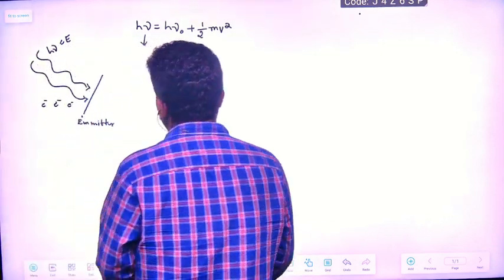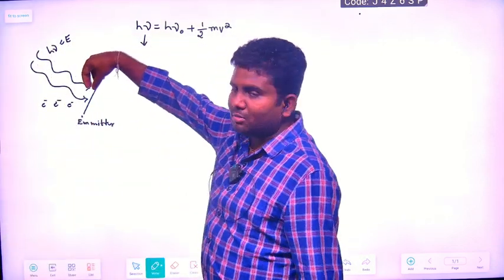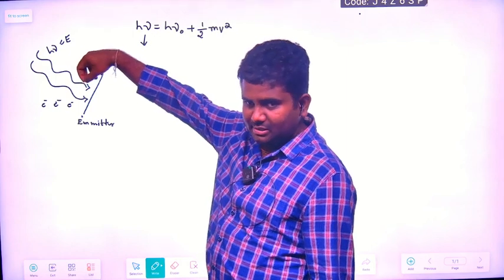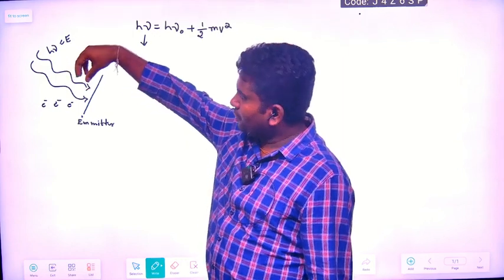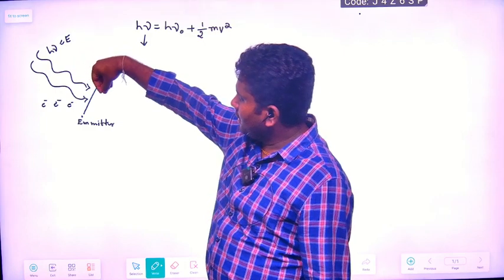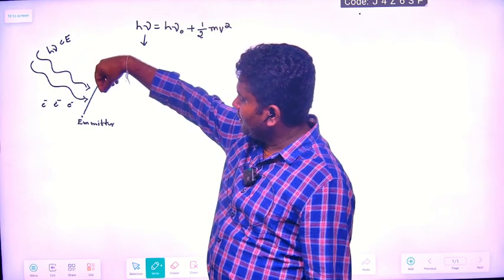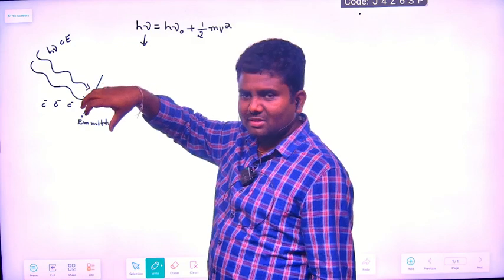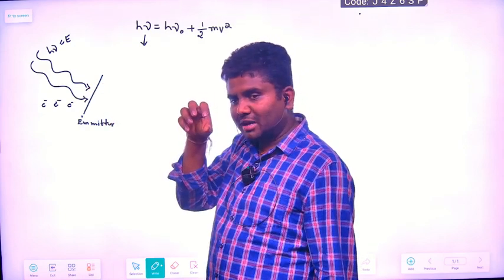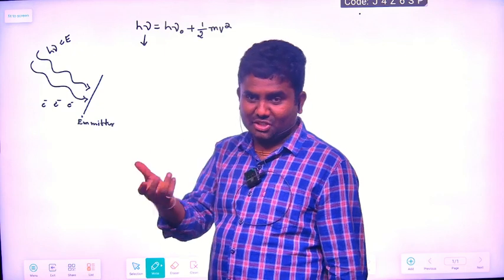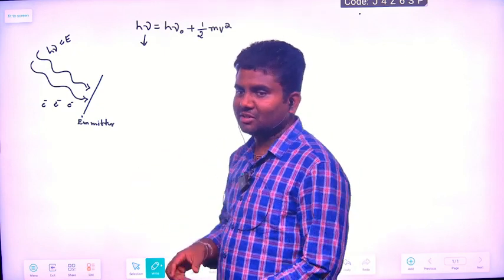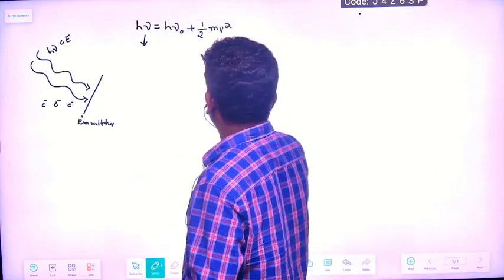The total energy and total momentum of the light particles, the photons, that's what Einstein says, photons will enter the metal plate and collide with the electrons. That electron will absorb energy and also momentum. So energy is conserved, momentum is also conserved, both are conserved quantities.